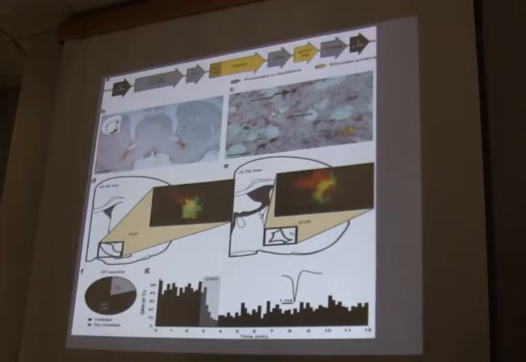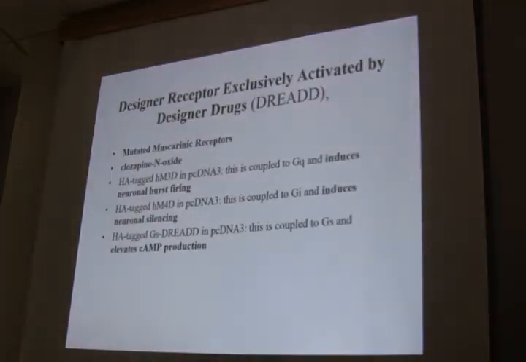So everybody thought, oh, this is great. It gives us a really specific tool that's going to really help us define these particular sets of neurons. Right? So about 3 weeks ago, a Science paper came out where the body takes the clozapine-N-oxide and cleaves it to clozapine. So clozapine is an antipsychotic drug that works on a lot.